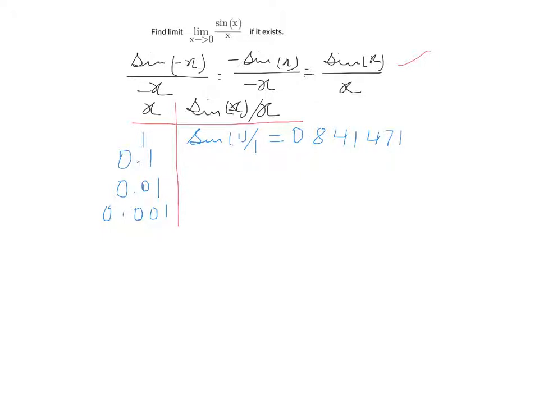When 0.1 is substituted for x in sine x over x, this value is evaluated to 0.998334.